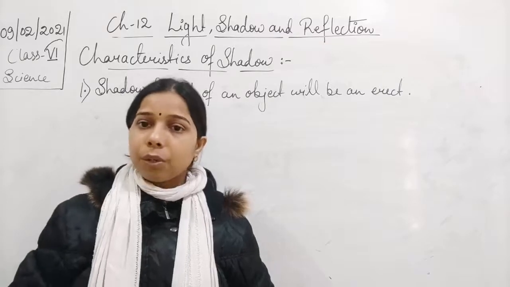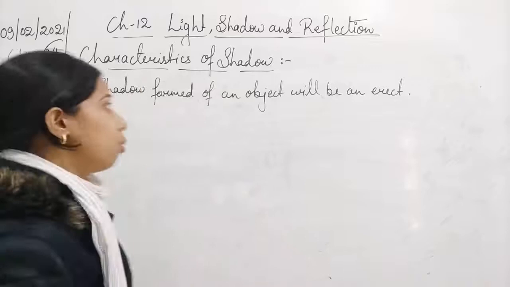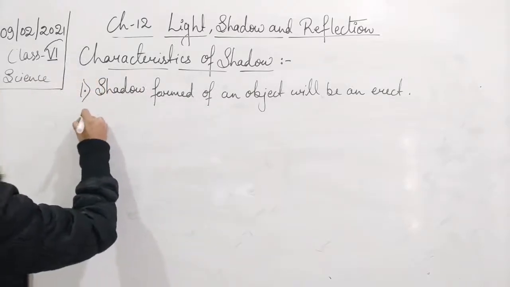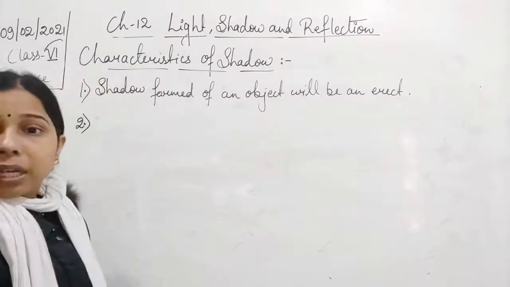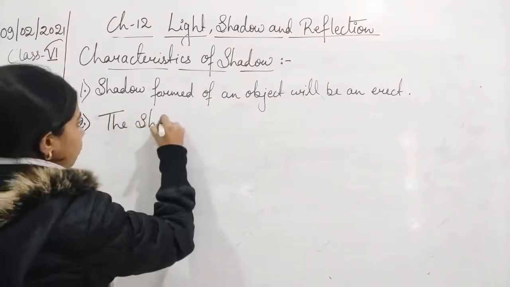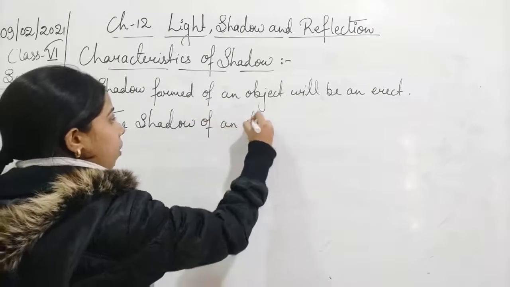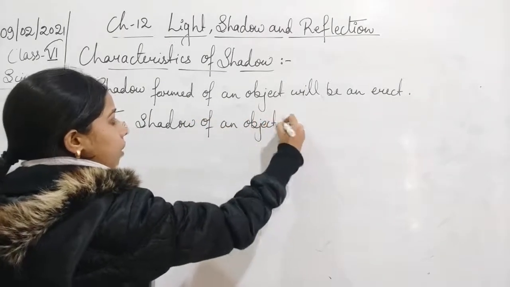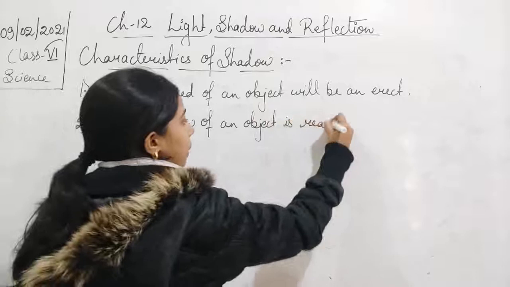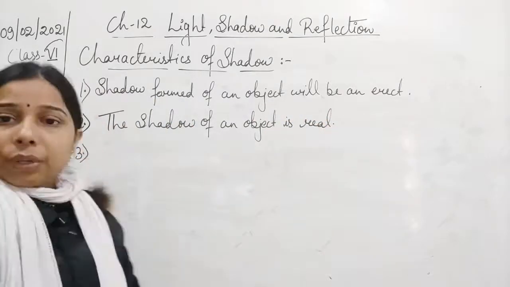Same thing here, we are obtaining the shadow on a screen. So the shadow obtained will be a real one. So the shadow of an object is real.